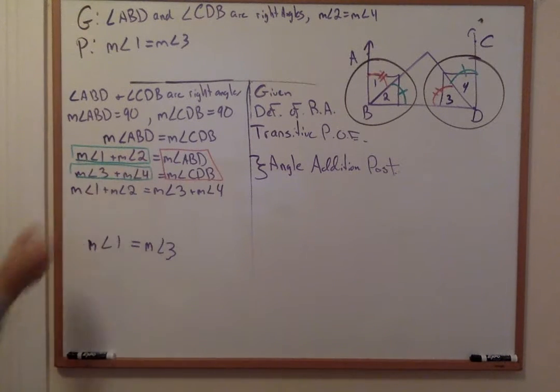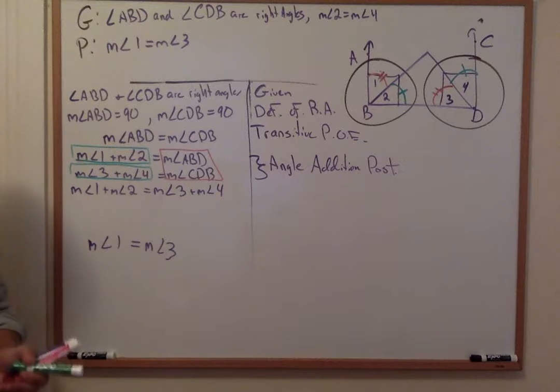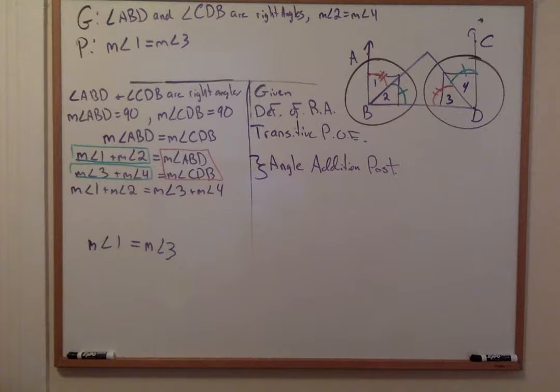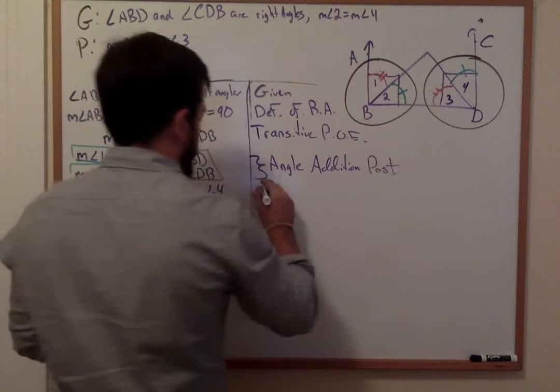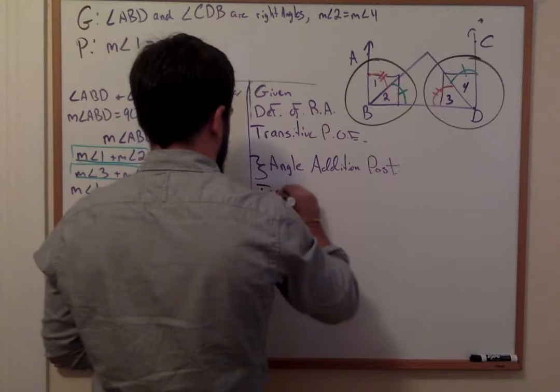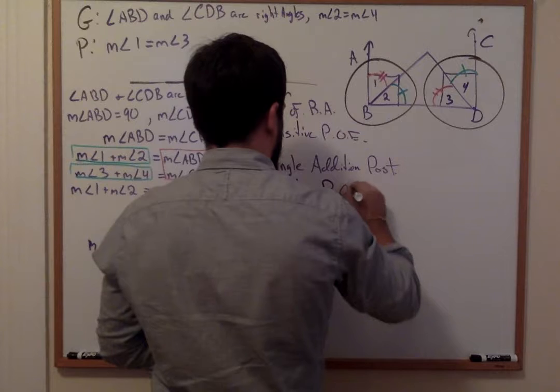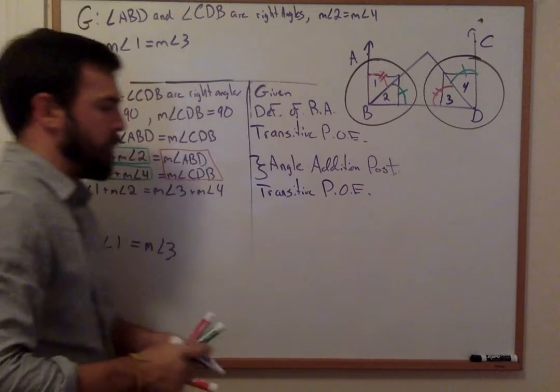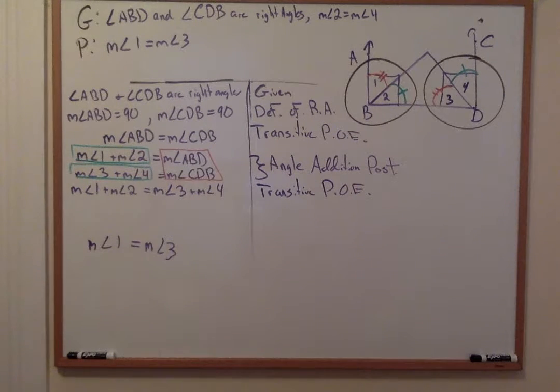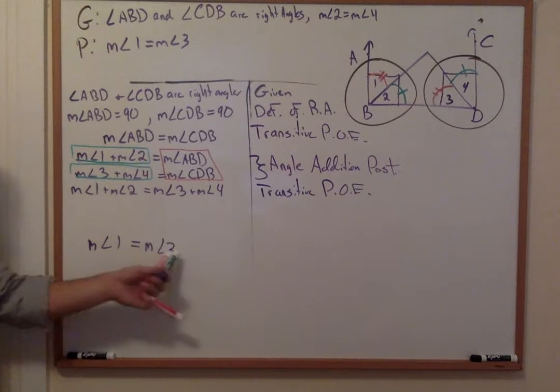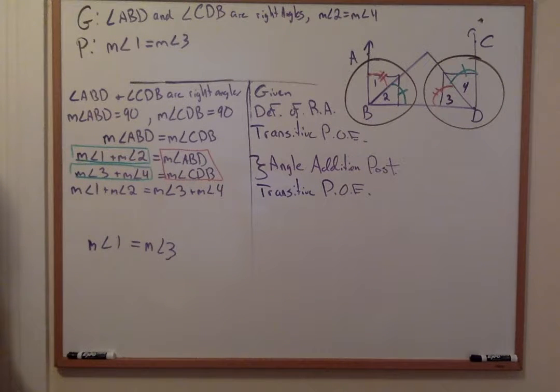Therefore, these must be the same thing. So that's transitive. Transitive property of equality. Now, my goal is to just get down to 1 and 3.